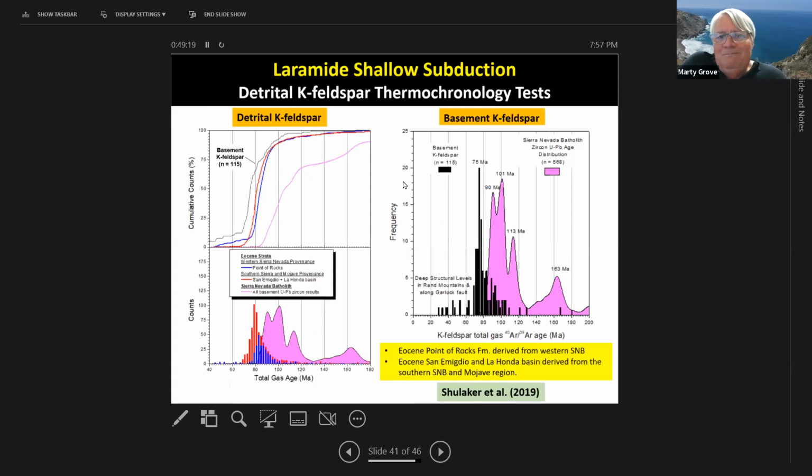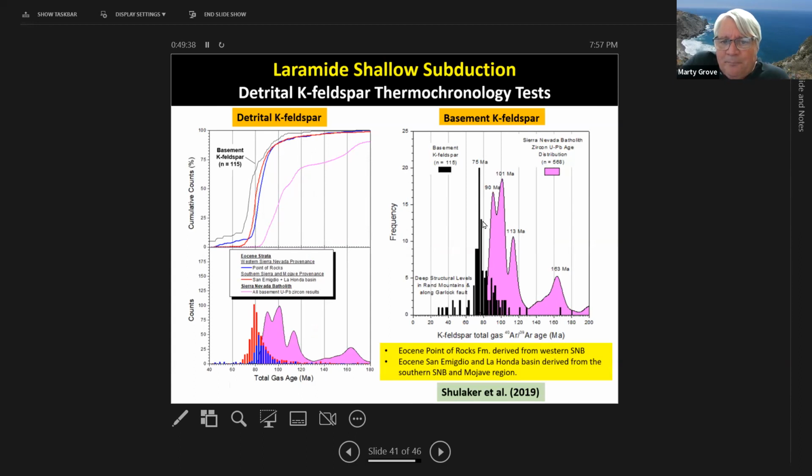And so there's a lot of stuff going on in this diagram. Shown in magenta are the distribution of zircon uranium-lead crystallization ages from the Sierra Nevada batholith. There's various sources for this compilation.